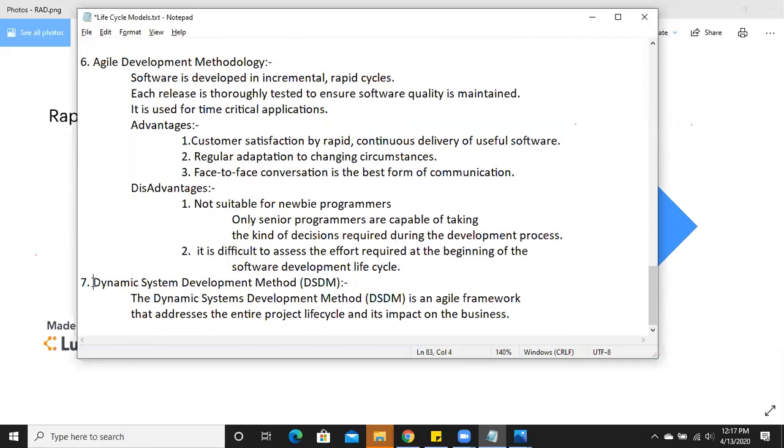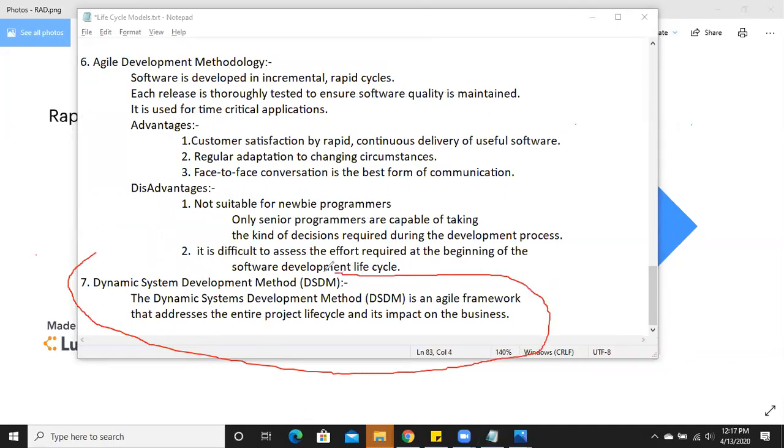Now this one I would like to make sure you study: the dynamic system development method, which is very important for my exam perspective as well as for your knowledge. So this point you will study, right? I will just explain the agile development methodology, because this is just the framework of the agile.